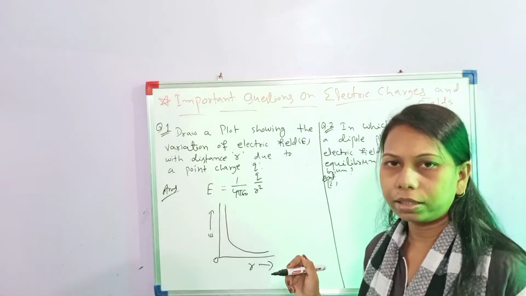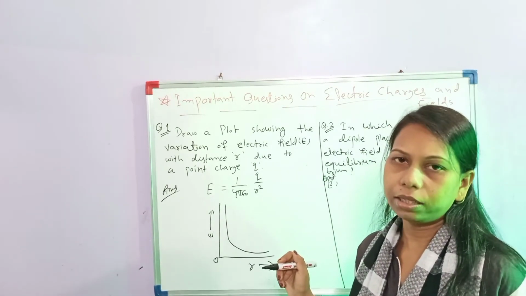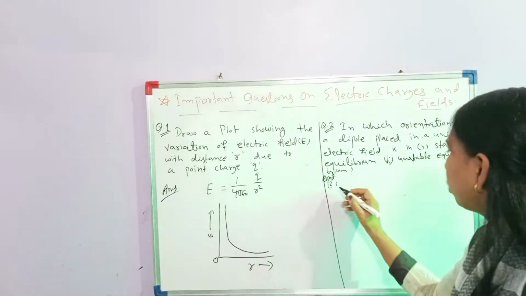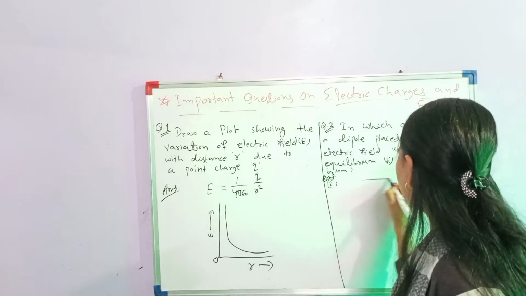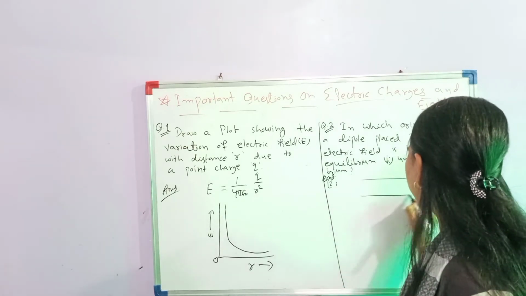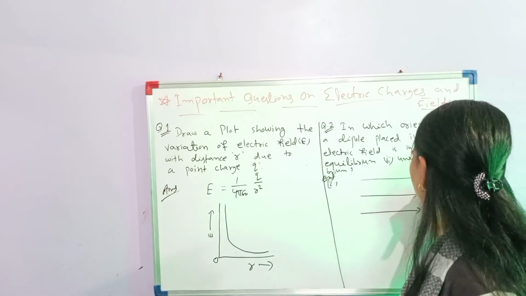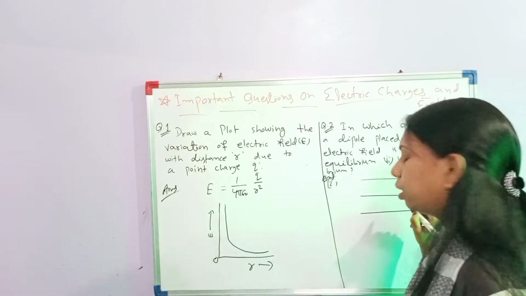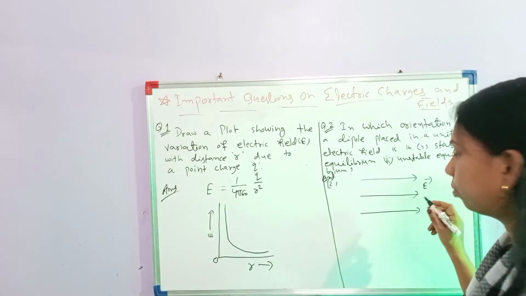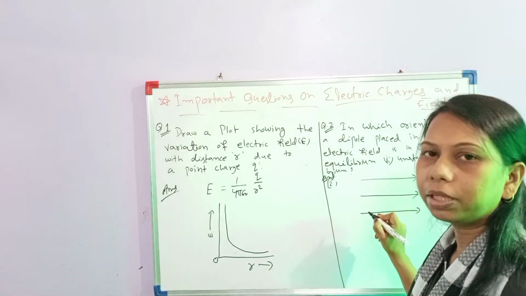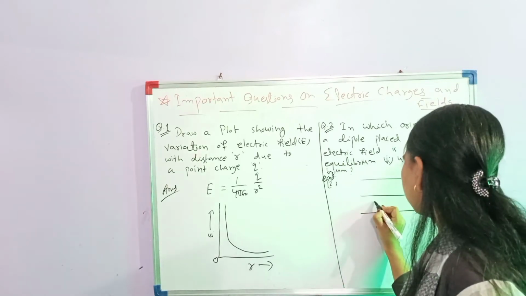That is, the direction of electric field and direction of dipole moment vector will be same. So in first case, suppose this is the uniform electric field. These are the lines of force due to uniform electric field. So the dipole should be placed in the same direction as the electric field.